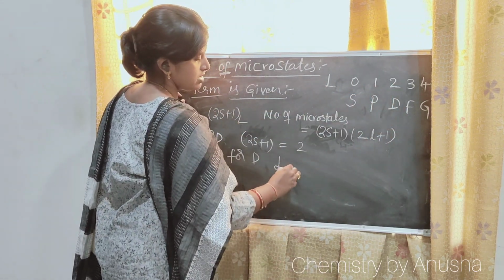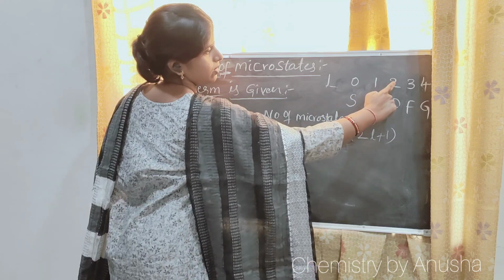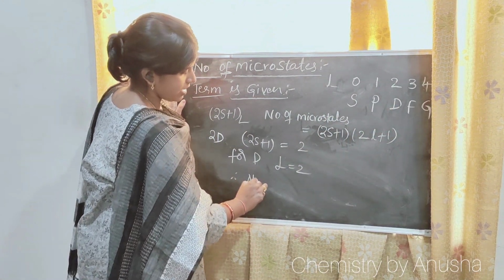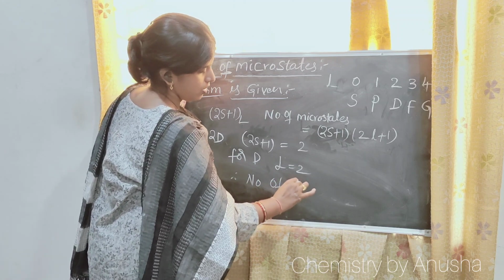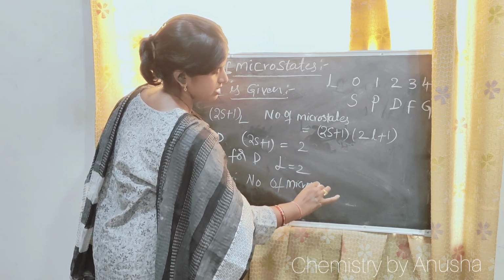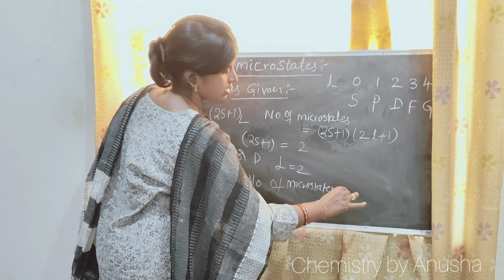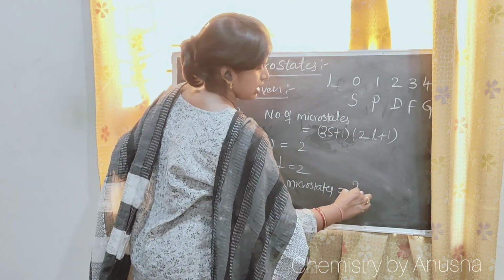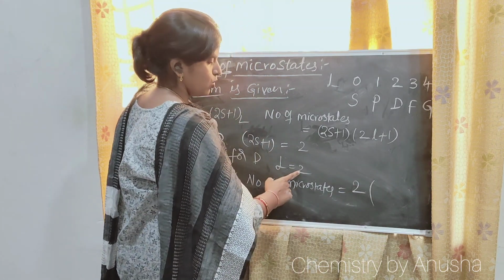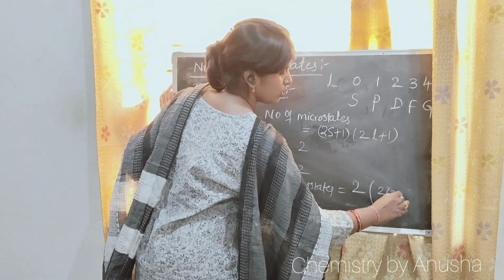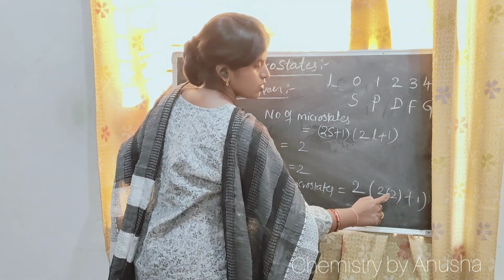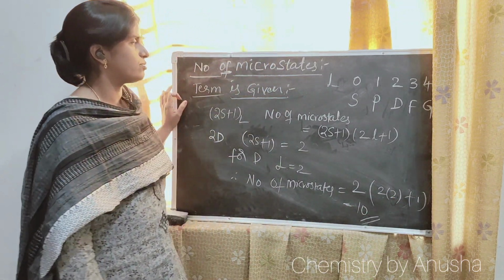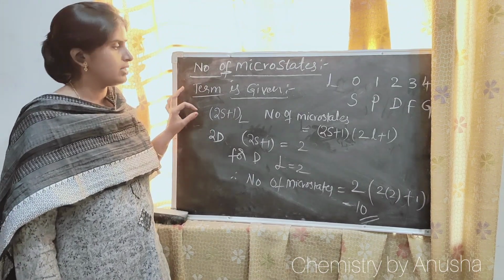The L value is 2. Therefore, the number of microstates for the 2D term is equal to (2S+1) into (2L+1), 2 into 2 times 2 plus 1, 2 into 5. So a total of 10 microstates exist for the 2D term.